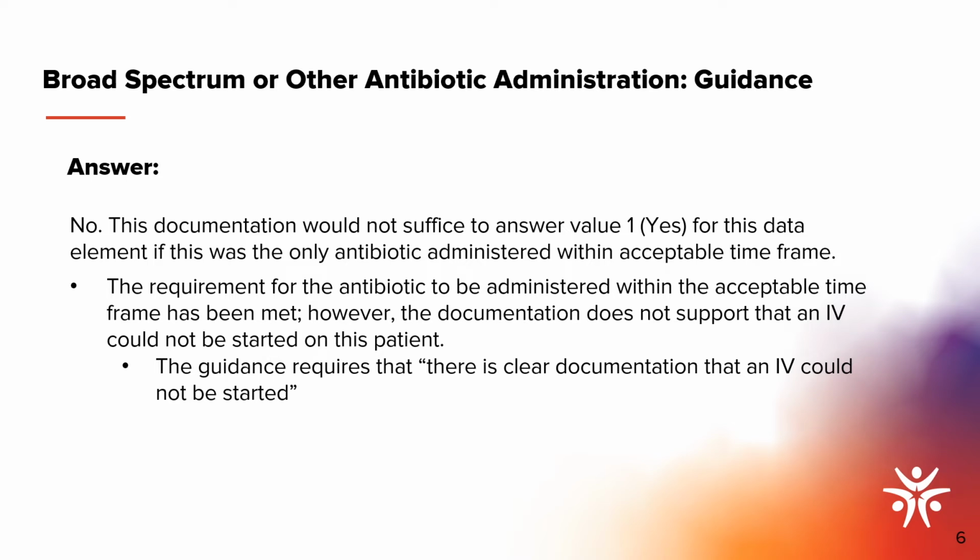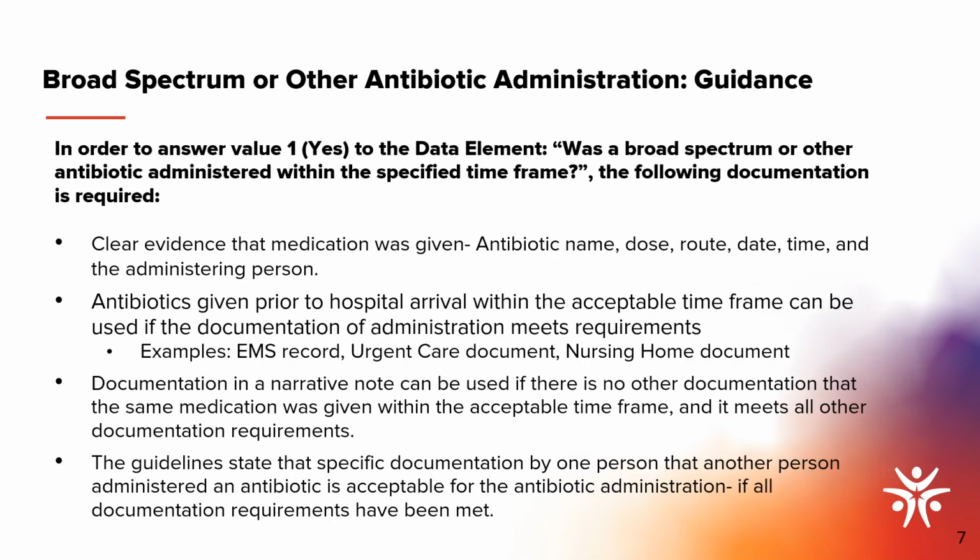While the documentation includes the name of the antibiotic, the dose, the route, the date and time, and the RN who gave the dose, it does not include the documentation that an IV could not be started. In order to accept an antibiotic as given, the following documentation is required: name, dose, route, date and time, and person who gave it.